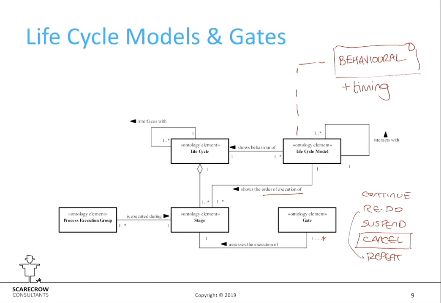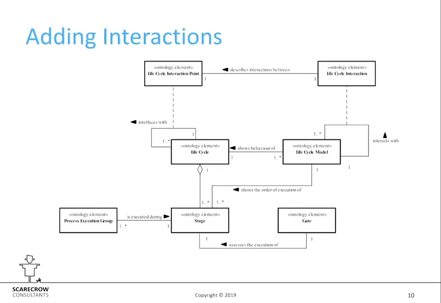So those life cycle models have to interface and interact with each other, because the life cycles have to interface with each other. That brings on the formal concept of what we call life cycle interaction points and life cycle interactions. So again, the interaction point is static. It's part of the static model.